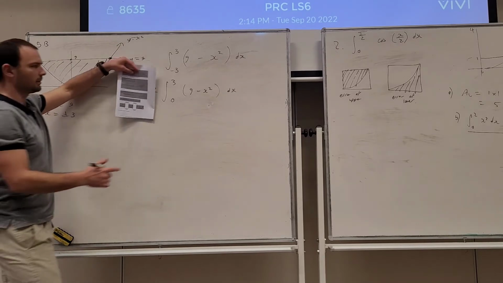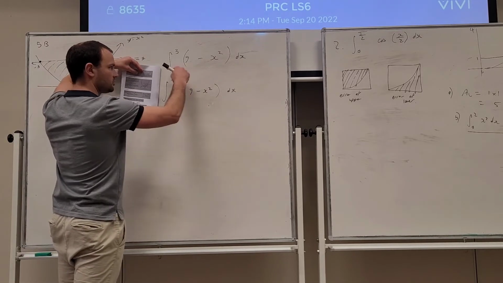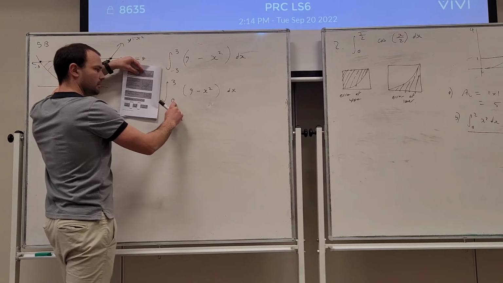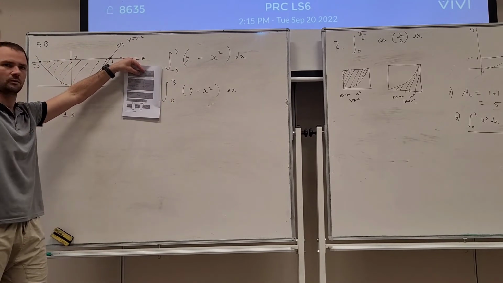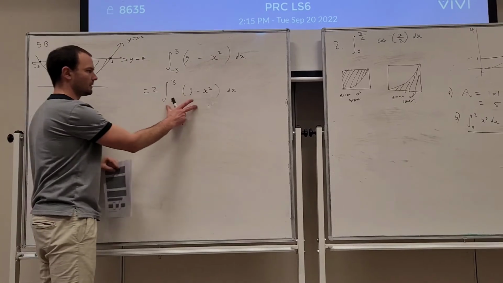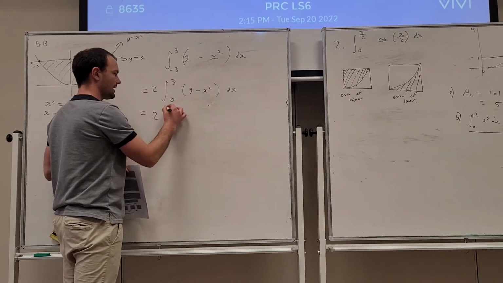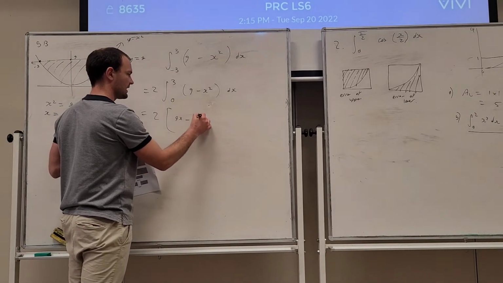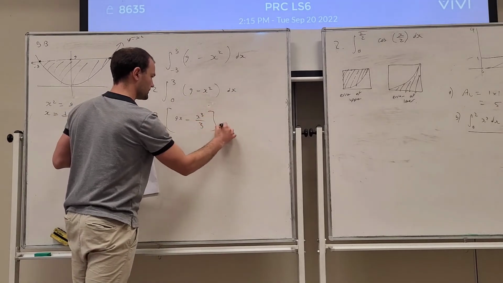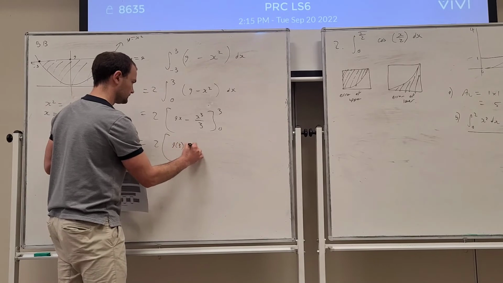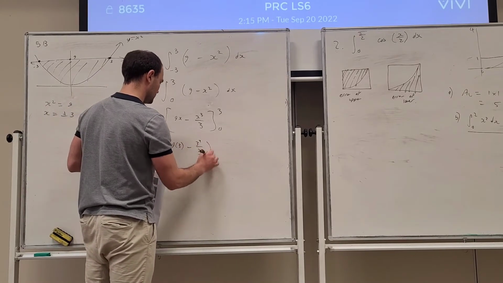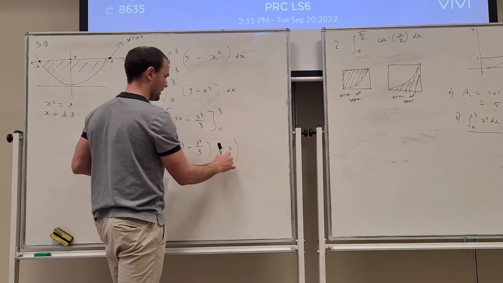The reason that's simpler is because when you come to substituting in the bottom boundary, you're just putting in 0, and so it just goes to 0. So I'll evaluate this one for you. We're going to have 9x, take x to the 3 on 3, from 0 to 3. Look at that, nice.